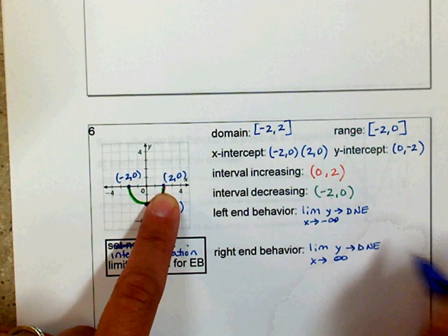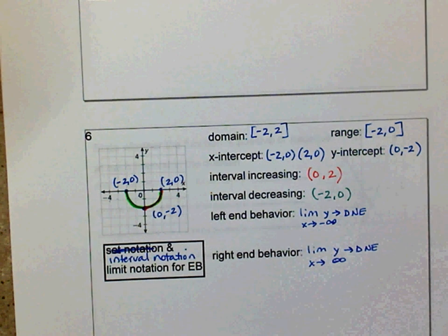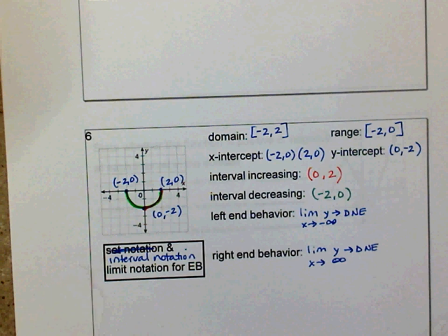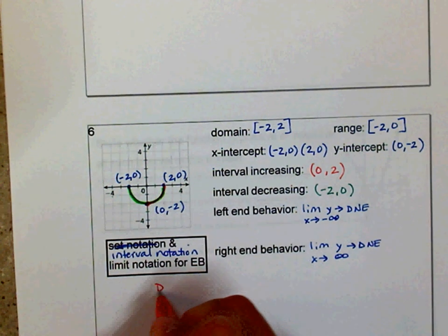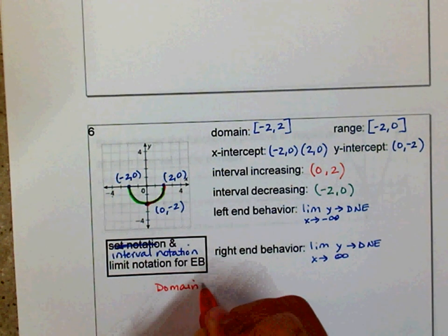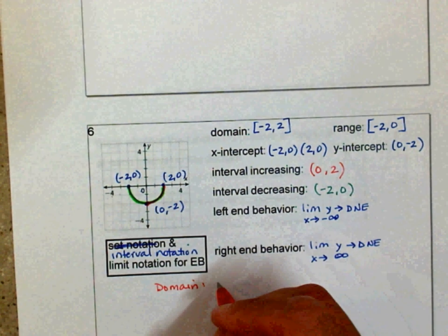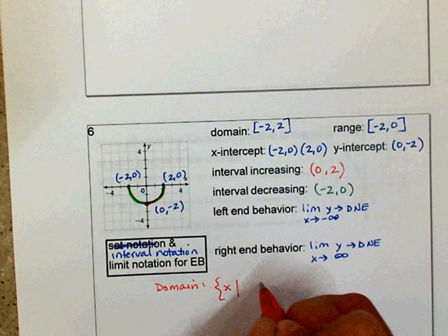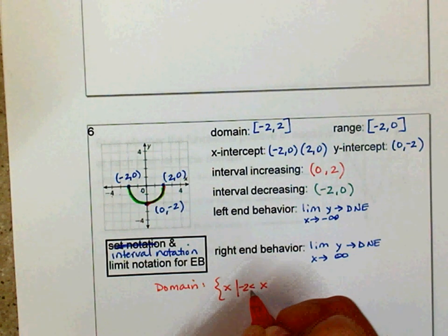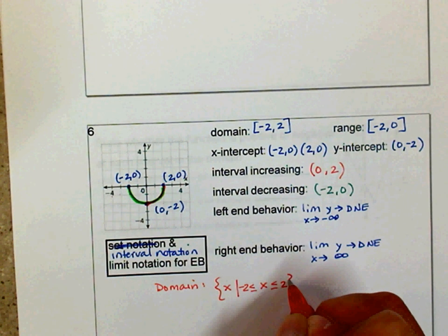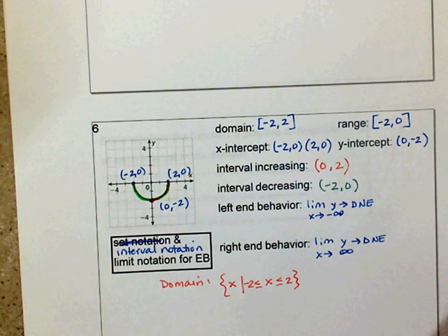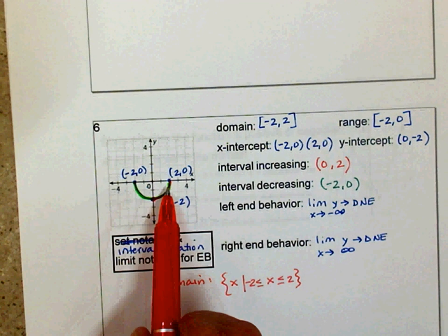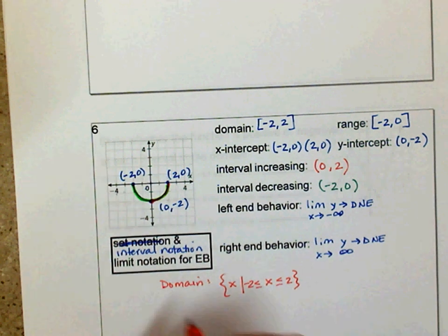All right, so if I were to write this as a set notation for my domain, it would look like this, okay? X, such that X is between what? Negative 2, including that, and 2. There's my set notation. So I'm going from negative 2 to 2, okay? For your range, just so you guys can see, y, such that what?